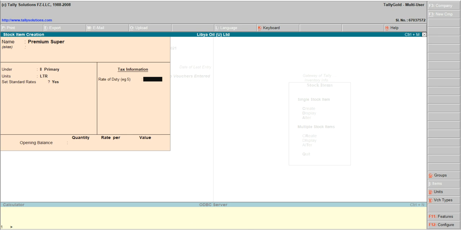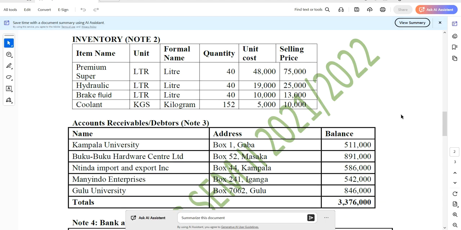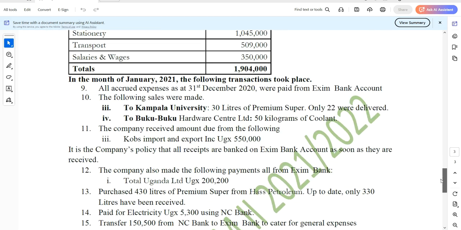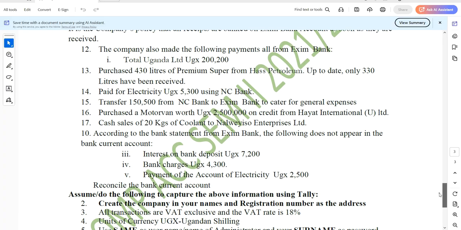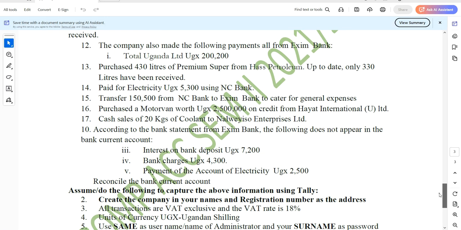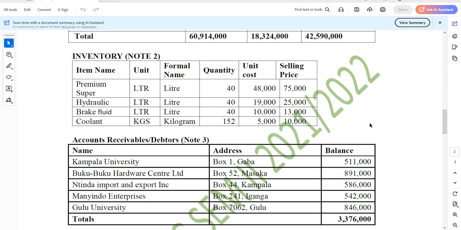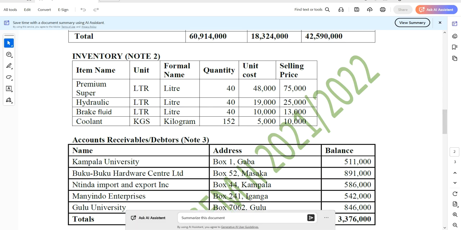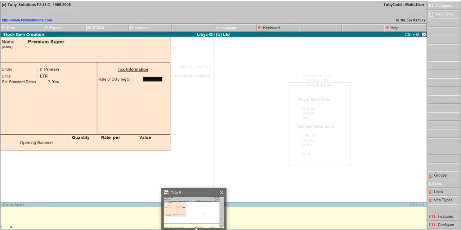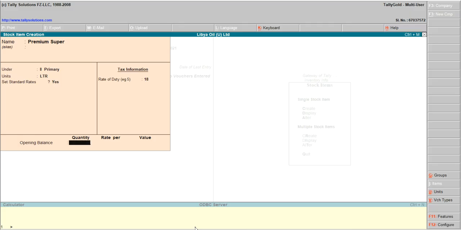Rate of duty, we have been told in the question that all transactions are VAT exclusive and the VAT rate is 18%. So you have to consider VAT. Rate of duty, that's 18%.